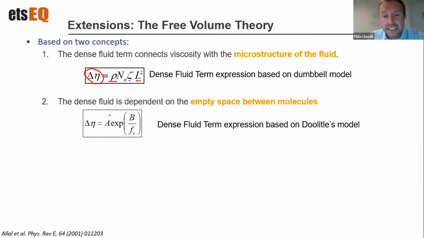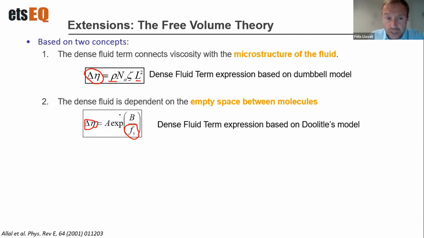a theory that was demonstrated in the 50s, which says that the viscosity of a dense fluid is dependent on the empty space between molecules. That means that there is an exponential relationship between the free volume available between the molecules and the change of the viscosity.